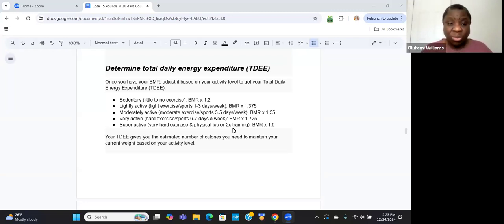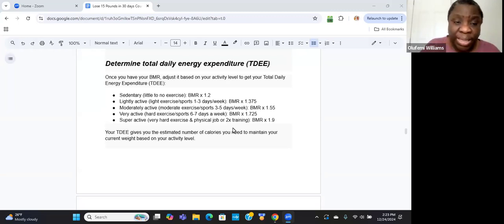Start little by little. We're going to start with light exercises, but we'll talk about that when we get there. So your total daily energy expenditure gives you the estimated number of calories you need to maintain your current weight based on your activity level.